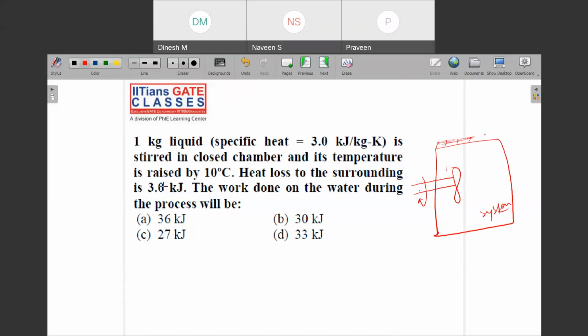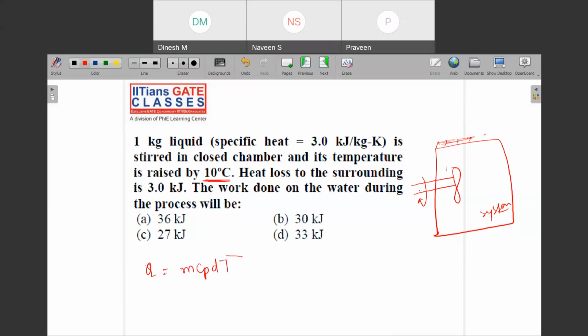Then it says that this stirrer is raising its temperature by 10 degrees Celsius. So we can see here the Q value. Q value is what? MCp dT.